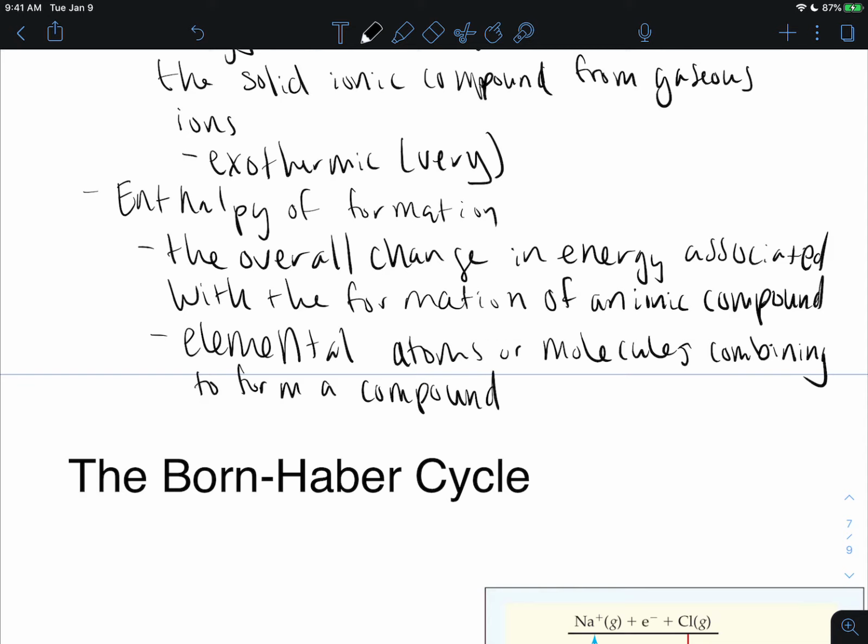And this is going to be either exothermic or endothermic, depending.